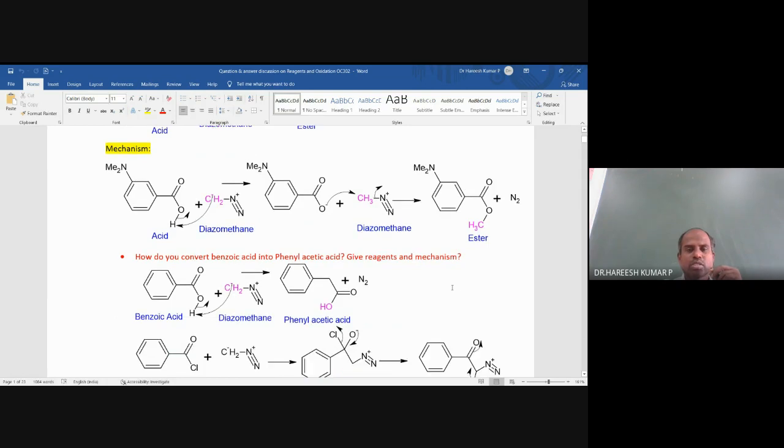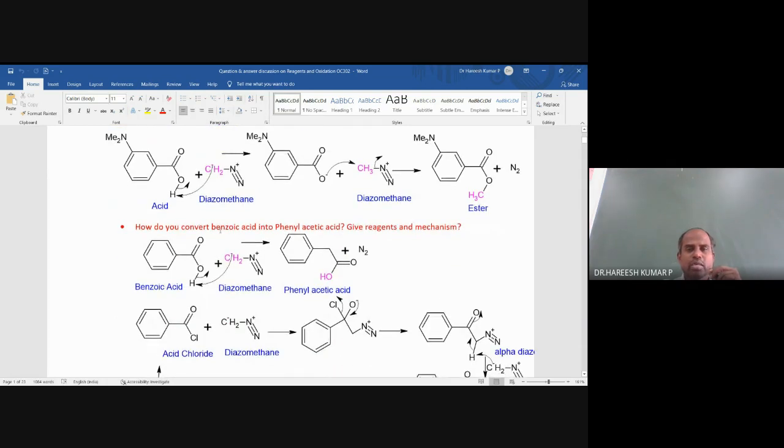One more question here: how do you convert benzoic acid into phenyl acetic acid? Give reagents and mechanism. That is the question. So you need to write benzoic acid. This is the structure of benzoic acid.